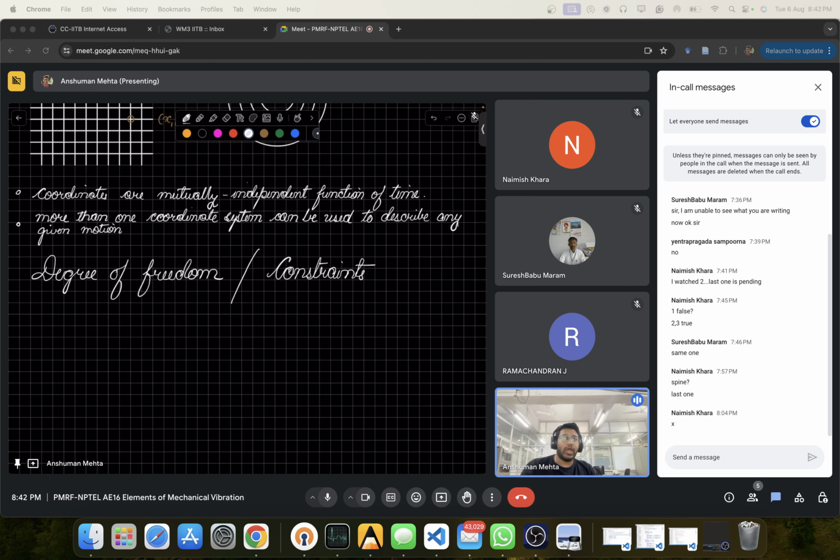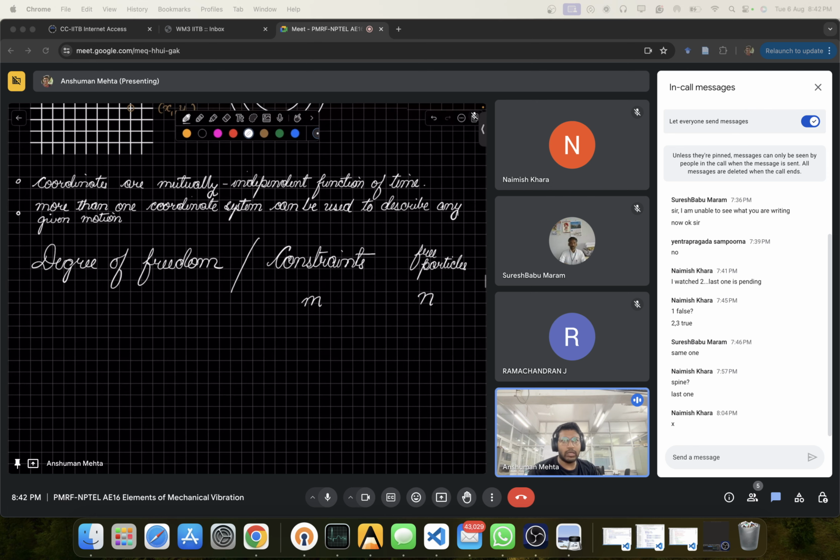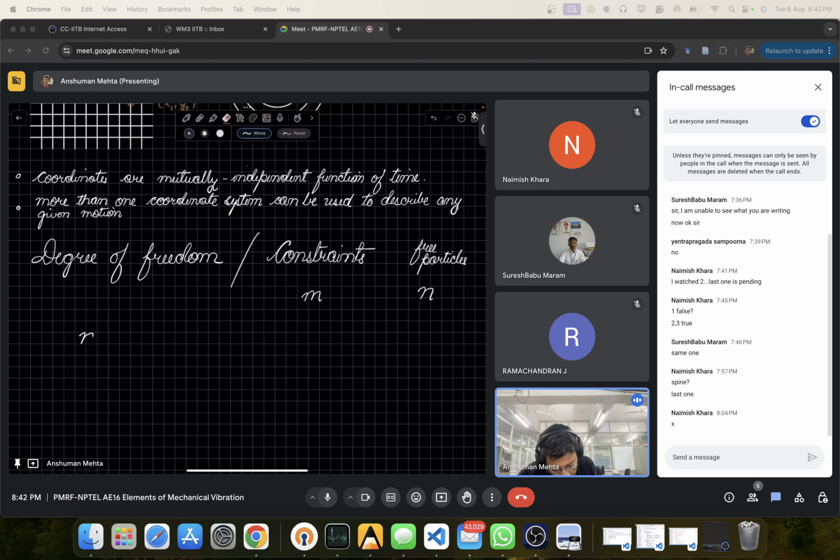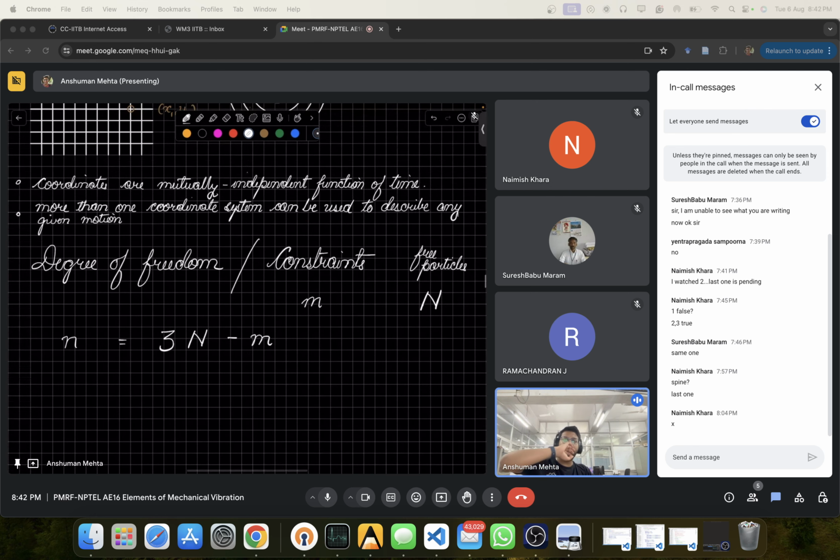It is said that if we have n free particles and m constraints, then in Cartesian coordinates the degree of freedom, capital N, is equal to 3n minus m, because in Cartesian coordinates we have 3 directions to go, and hence it is 3.